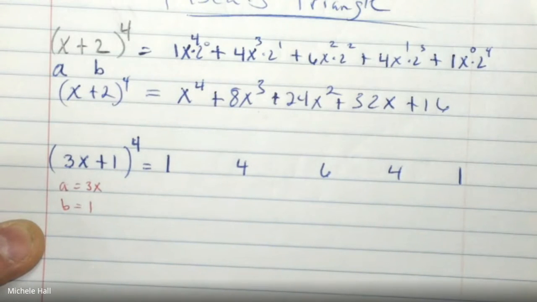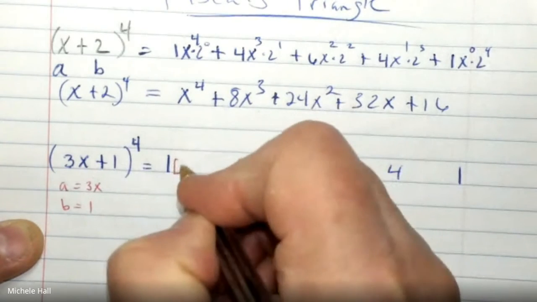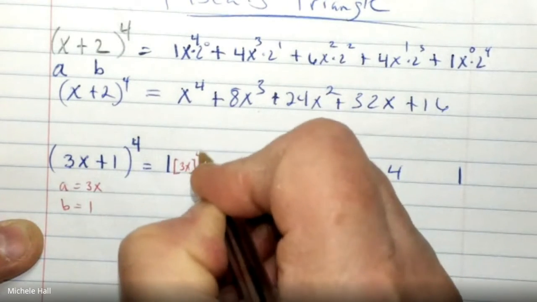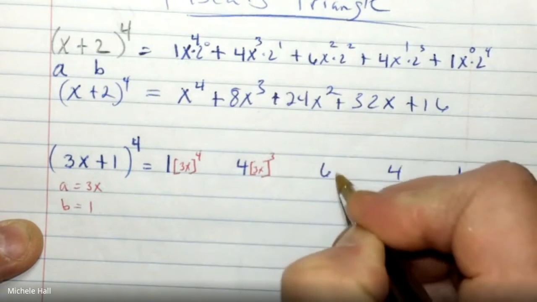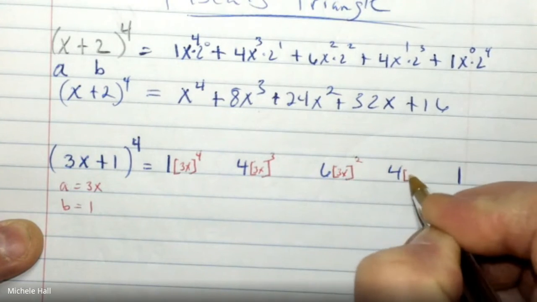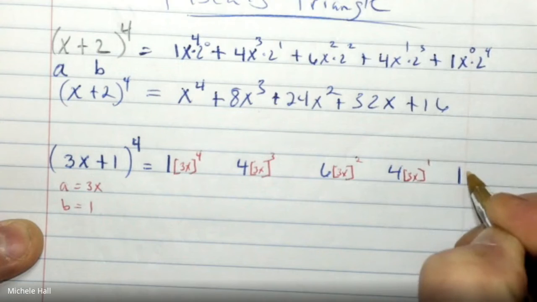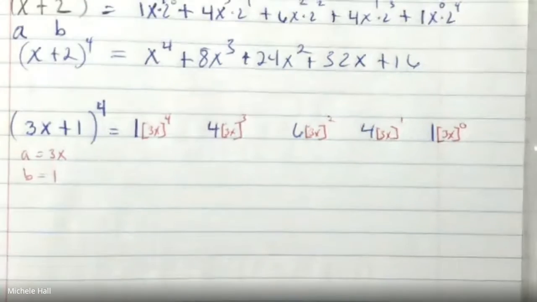What degree is this problem? It's a degree 4, so that means I'm going to have 3x to the 4th power, 3x to the 3rd power, 3x squared, 3x to the 1, 3x to the 0.